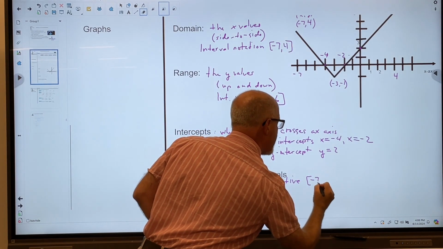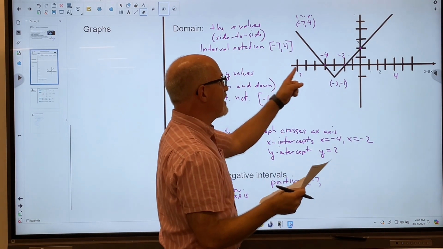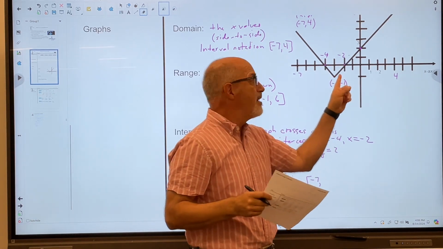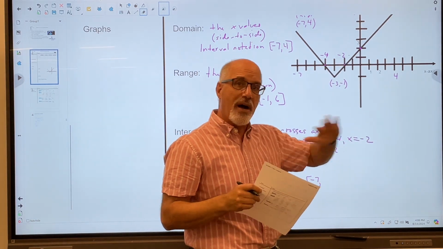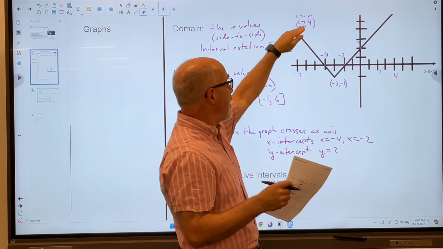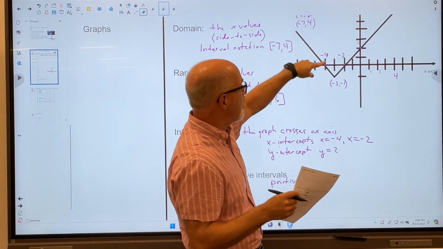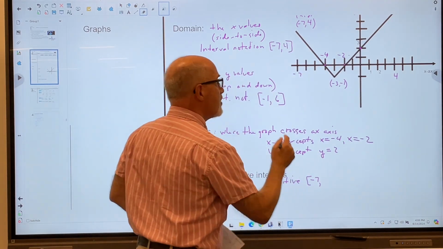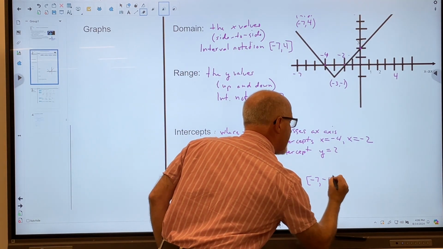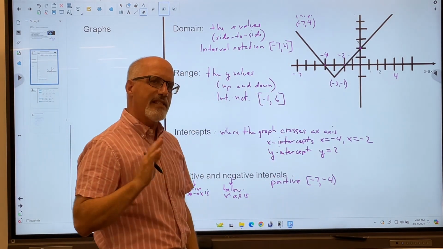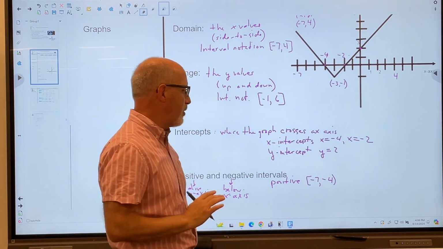And then notice that it goes all the way to -4, but at -4 it's a 0 value. It is not negative, it's not positive. This positive turns into a 0 and then goes negative after it. So it's going to go down to -4, and we're not going to include -4 because it's an intercept. It's 0 there.